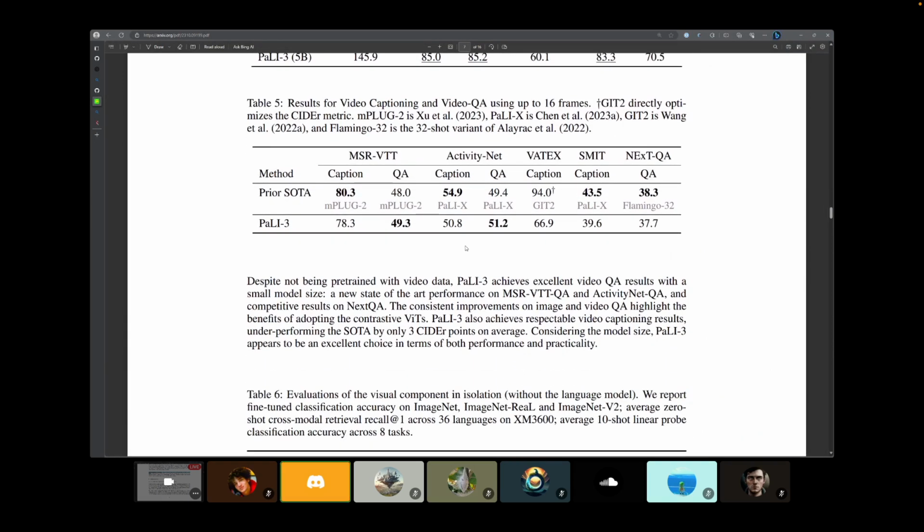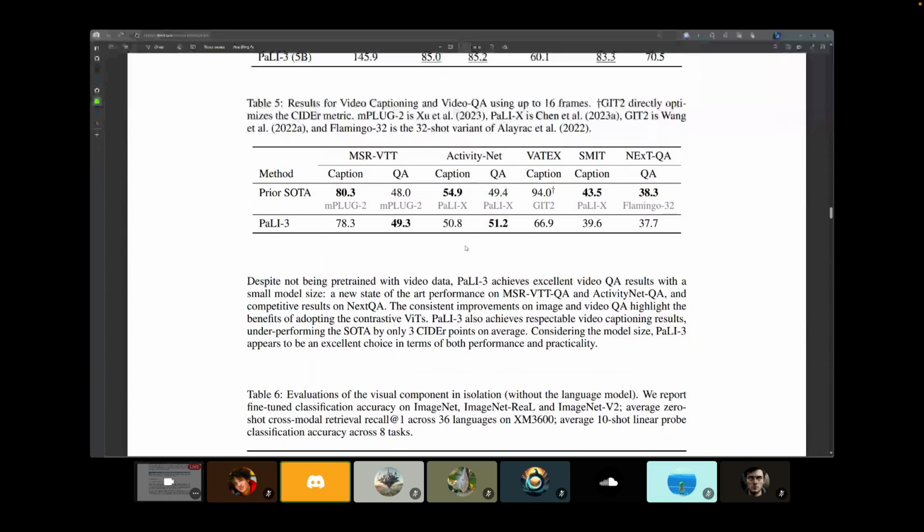Despite not being pre-trained with video data, Poly 3 achieves excellent video QA results with smaller model size: new state-of-the-art performance on MSR-VTT QA and ActivityNet QA, and competitive results on NExT-QA.